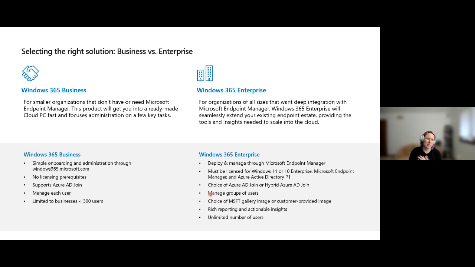It's super simple to get started. You can simply onboard these users via the Windows 365 portal. One of the nice things is there are no licensing prerequisites. You can do Azure AD join and manage users, but the caveat is that this is only scoped to 300 users and below. So that restricts a little bit there.